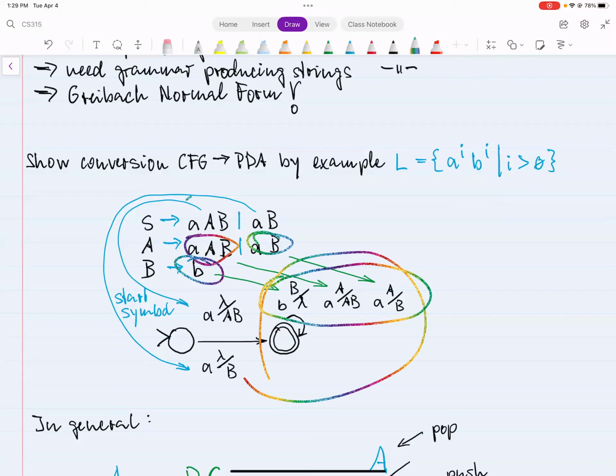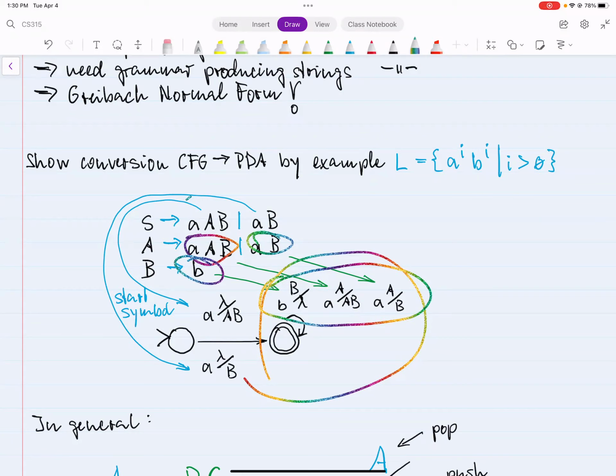Kendall? So to determine like an end node, would you just look for any of the... What do you mean by end node? The end state? Oh, the final state. Yeah, the final state. Would you look for where you have like the single B and then all the others? Well, in principle, anything but the rules that are related to the start symbol, all of the other rules are all in the final state.